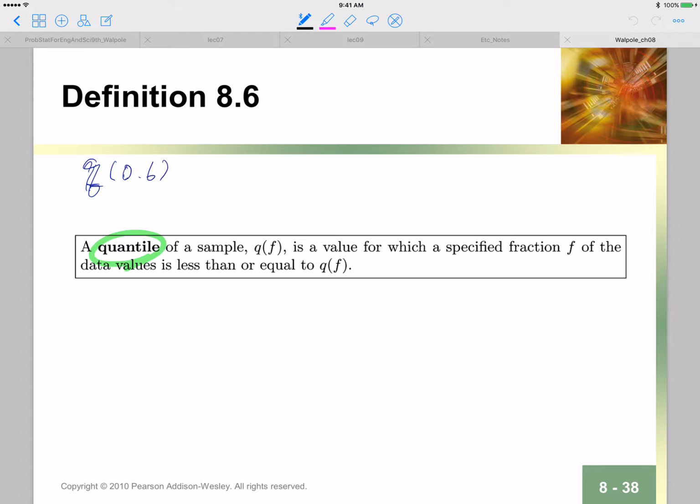So quantile is one particular type of a function that maps the value of an f to a certain value. It's basically an inverse function of the cumulative distribution function.